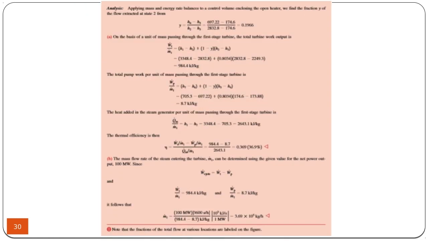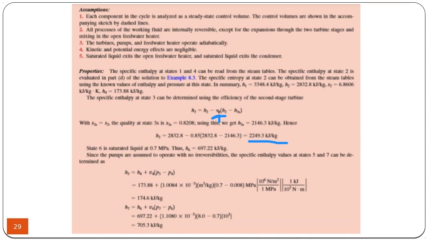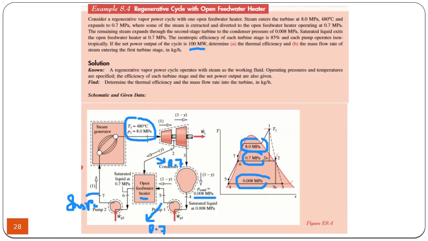This is obtained from mass balance and energy balance. You can check the theory of the cycle. So by using the mass balance and the energy balance, the y, the fraction of the steam that's separated from the intermediate stage, is this. So 19.6% of the steam is separated from the intermediate stage and sent to the feed water heater. So y is almost 20%.